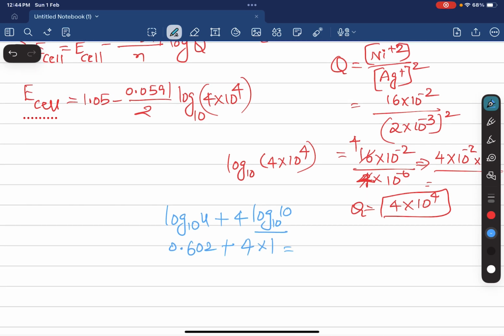So what we get is 4.602 as the resultant value for this.